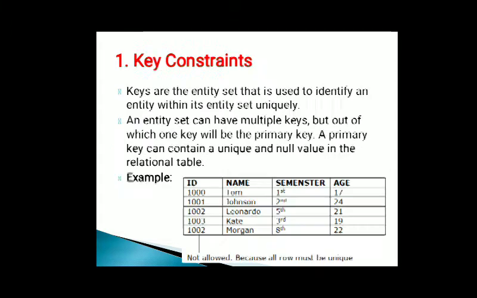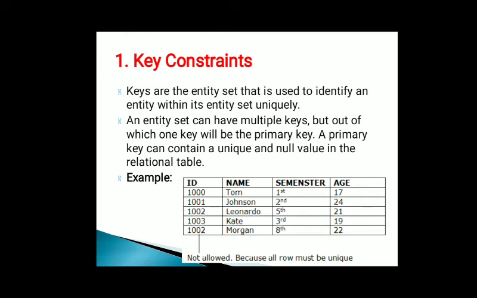Now the key constraints. Keys are used to identify an entity within its entity set uniquely. Means any table contains a number of keys, and using one key we can identify the records. An entity set has multiple keys, but out of these one key will be the primary key. The primary key contains unique and non-null values in the relational table.